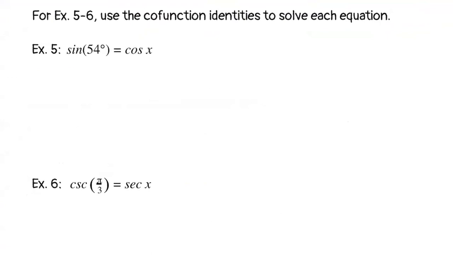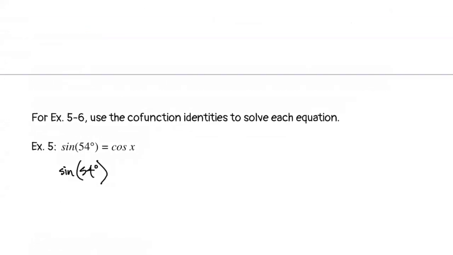Without a calculator, I'm telling you that sine of 54 degrees equals cosine of x. And I want us to find x. What's another way that I could write sine of 54? 54 is like my alpha now, right?